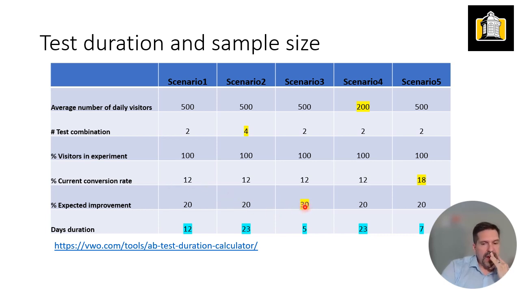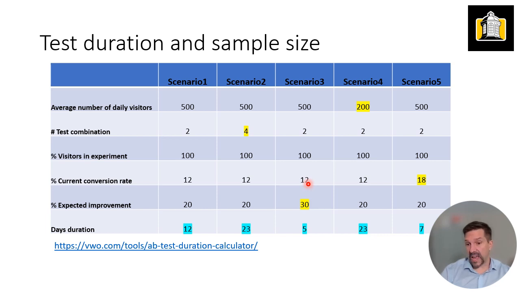Now, in this case, with the same numbers as we started with, the number of days that it will take me is 5. So it takes me a lot less time, and hence a lot less sample size is needed if I'm willing to forego smaller effects than 30% improvement. 30% improvement in our case with this baseline means about 3.5% improvement.